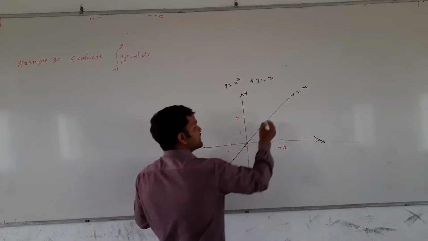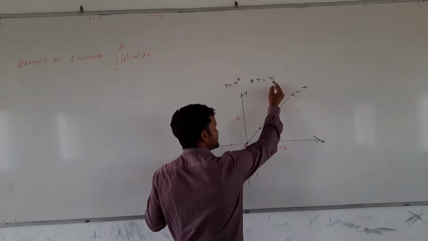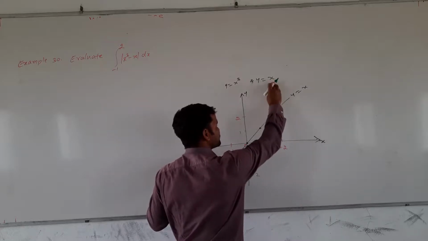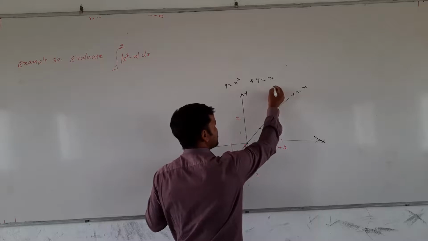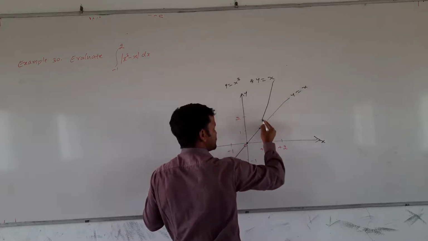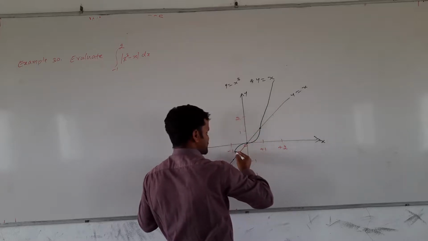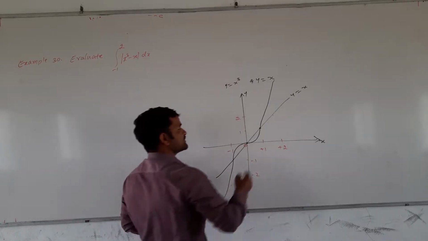So the graph of y is equal to x cube takes the form like this, passing through 8, then 1, then 0, and then -1. This is what y is equal to x cube is.